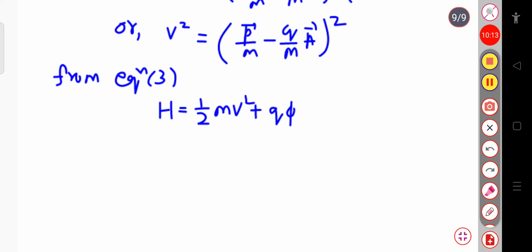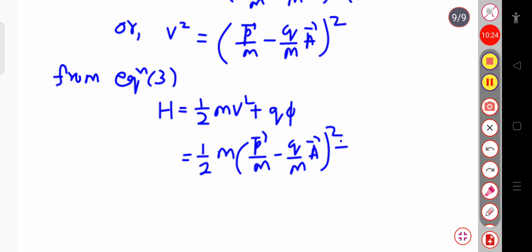If I substitute that v square value, then this is equal to 1 by 2 m, p by m minus q by m a vector whole square, plus q phi.